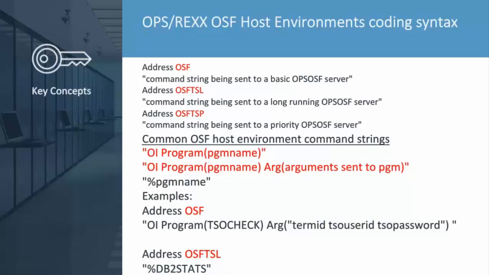Again, the OI module is needed to establish the OPSREX environment in the server, allowing the TSO CHECK program to access all OPSREX automation tools. The last example simply demonstrates how you would dispatch a TSOE program to an Ops server if needed. In this case, the TSOE program DB2STATS will be dispatched to a long-running Ops server.